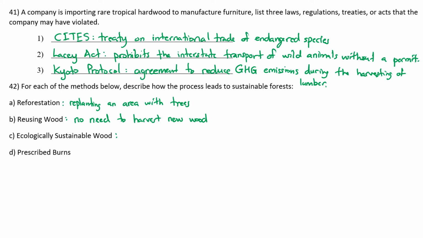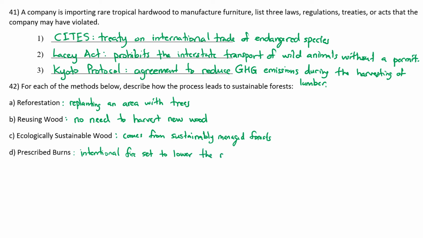Ecologically sustainable wood comes from sustainably managed forests. And the prescribed burns, intentional fire set to lower the risk of large wildfires.